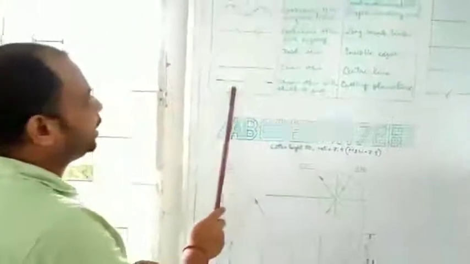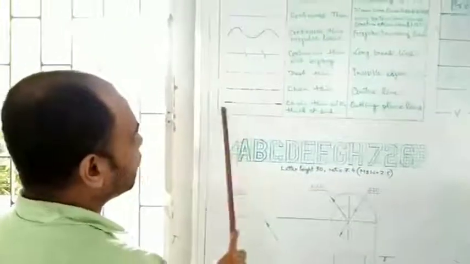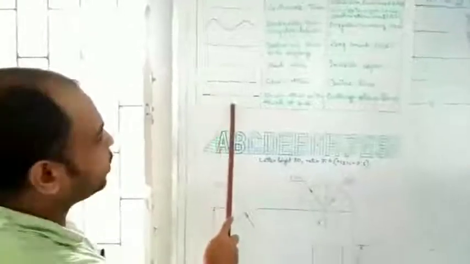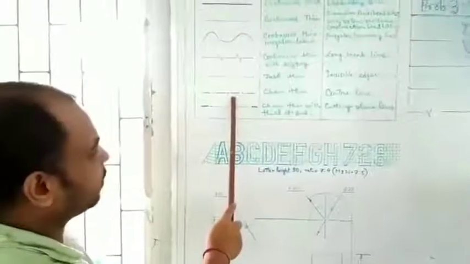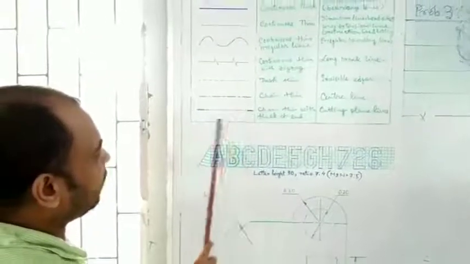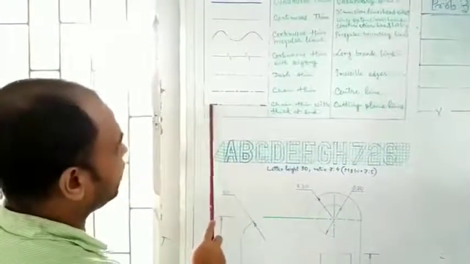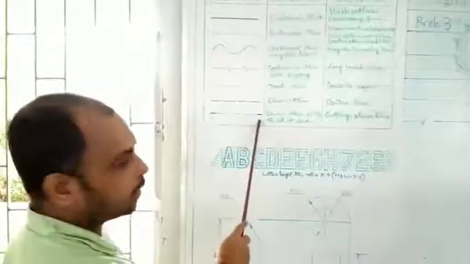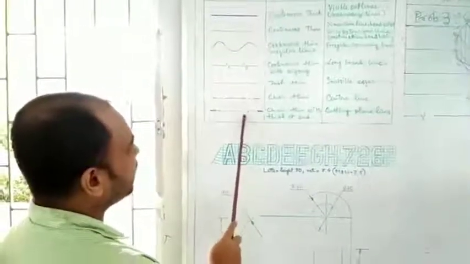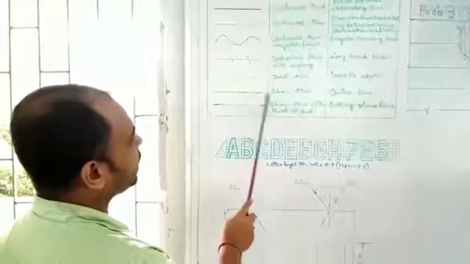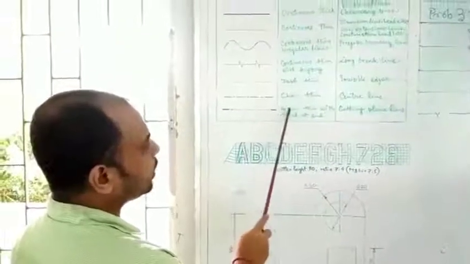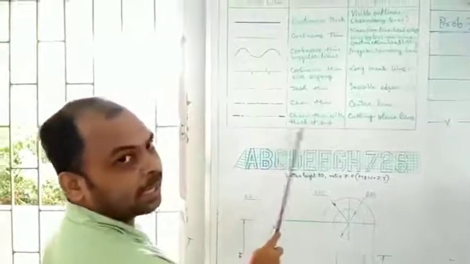Now the next line you can see over here. This line is similar to the previous one, but the main difference is the end. If you carefully look at the end of this particular line, you can see the ends are thickened. So this particular line is somewhat different from the chain thin line, and it is known as chain thin with thick at end.